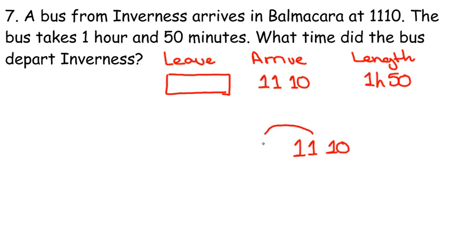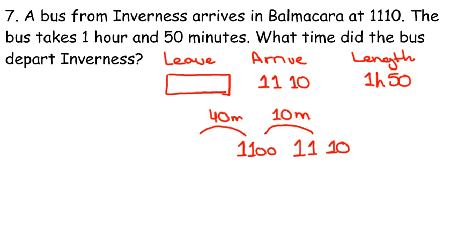Then I could come backwards the whole 50 minutes, or again, I'm just going to do it in steps. If you're really confident, then do it all in once, but there's absolutely no harm whatsoever in going back 10 minutes. So it's an hour and 50, so I've got 40 minutes left.